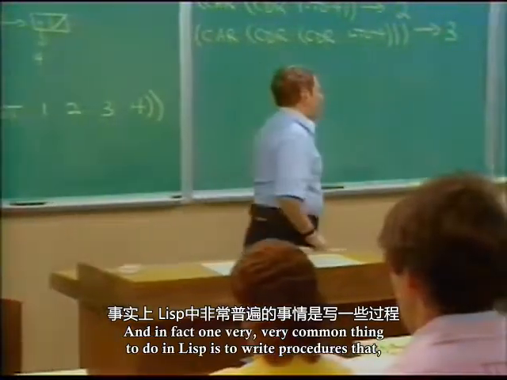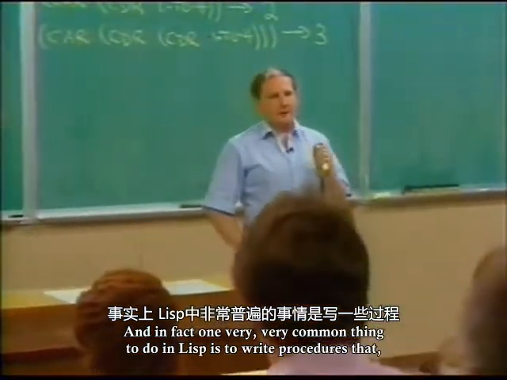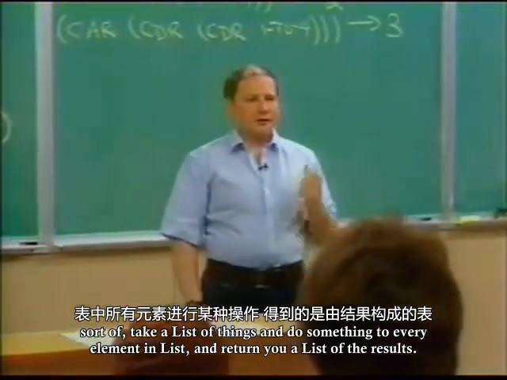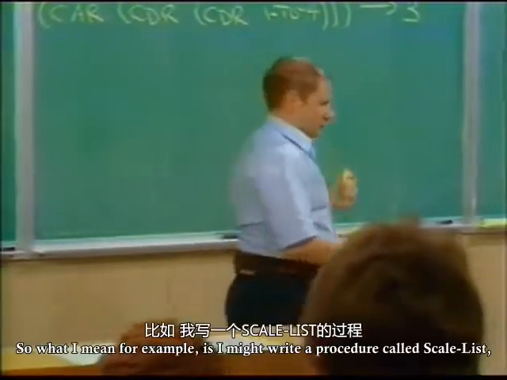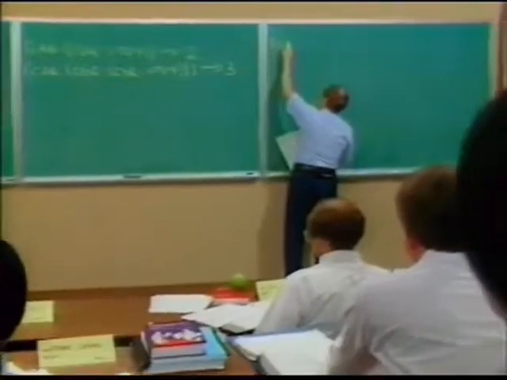And in fact, one very, very common thing to do in Lisp is to write procedures that take a list of things and do something to every element in the list and return you a list of the results. So what I mean, for example, is I might write a procedure called scale list.